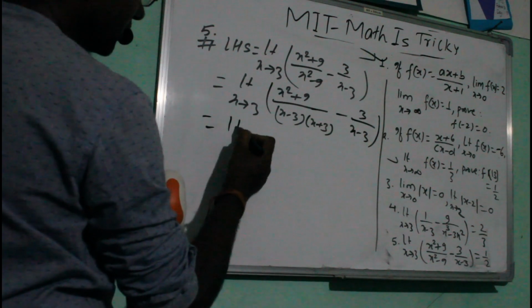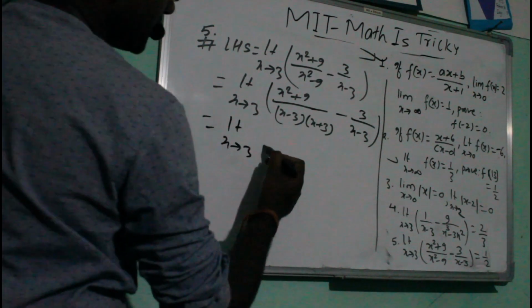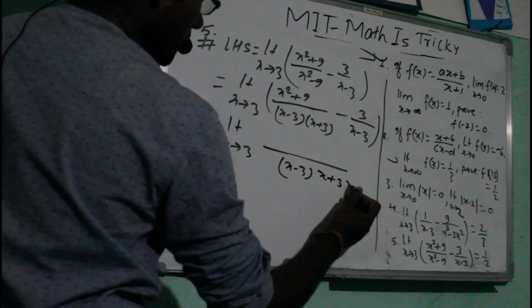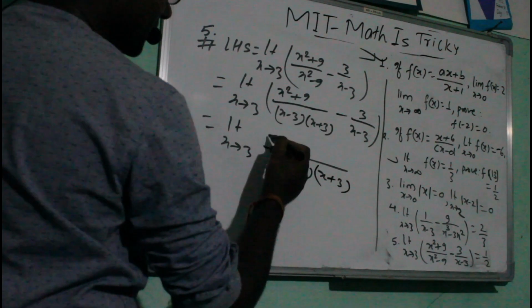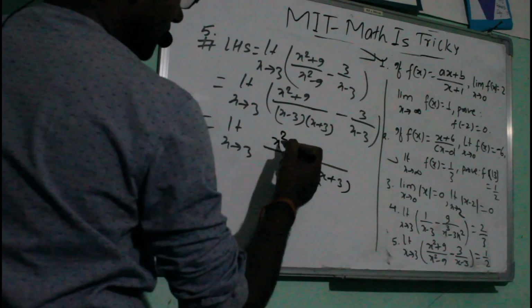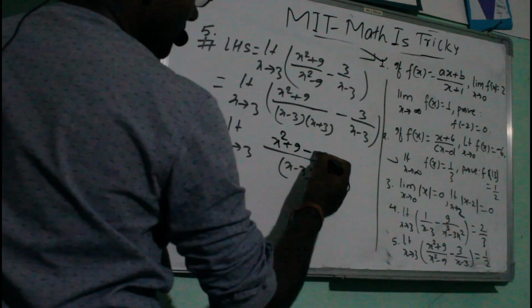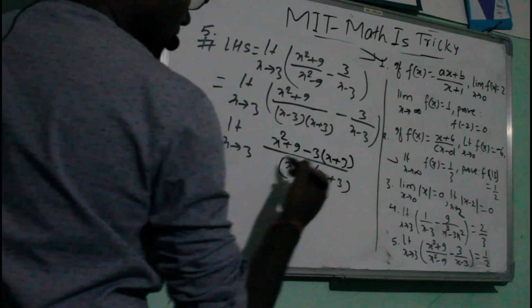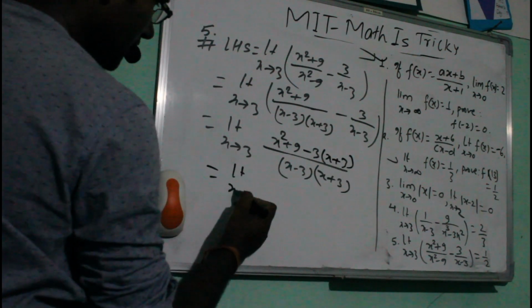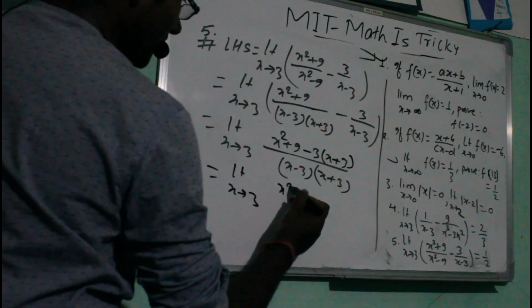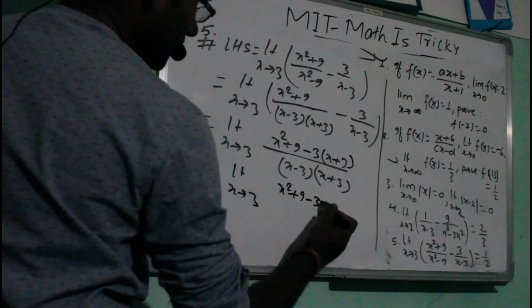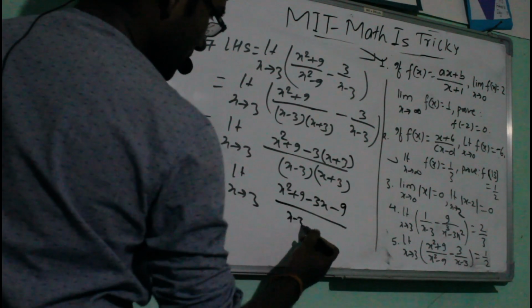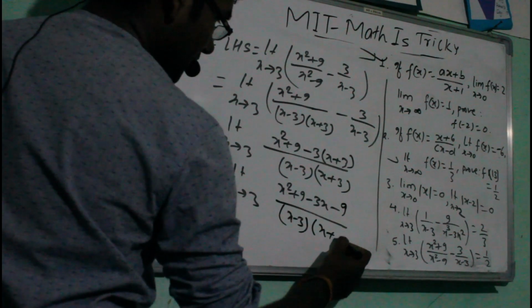So now let's simplify further. Let's take the LCM. It is x minus 3 times x plus 3. So after taking the LCM we'll be getting x square plus 9 as the first term minus 3 times x plus 3. Let's simplify further. X tends to 3, it is simply x square plus 9 minus 3x minus 9, so we get x minus 3 and x plus 3 in the denominator.